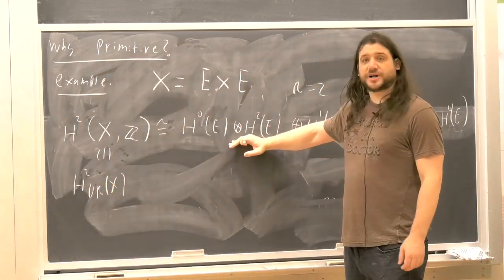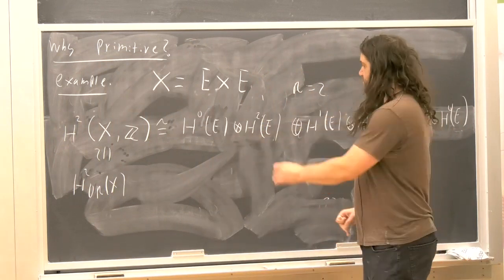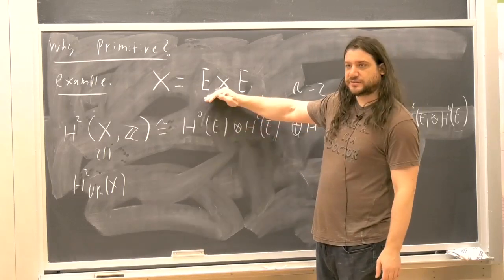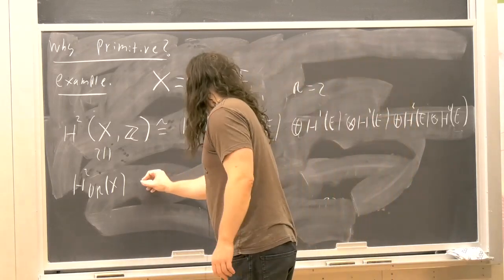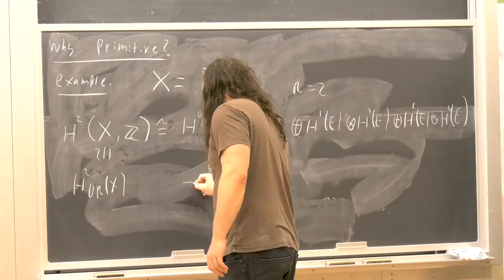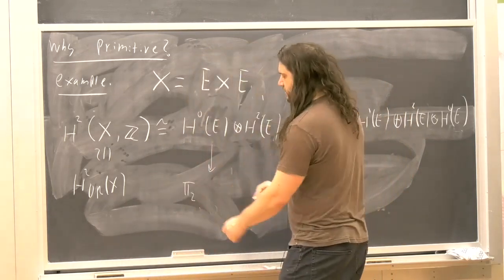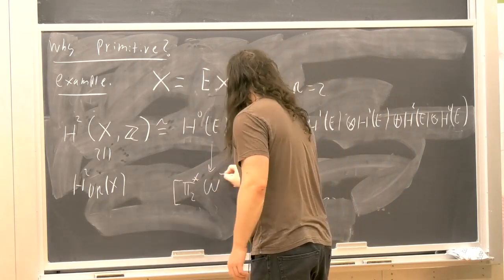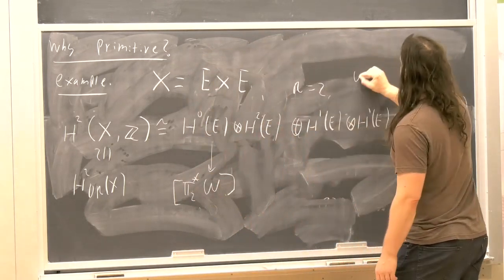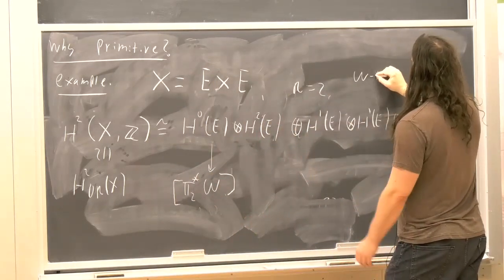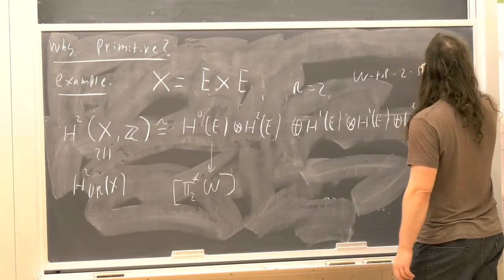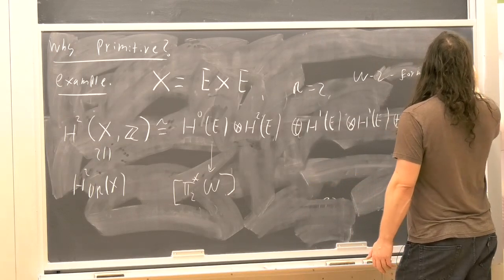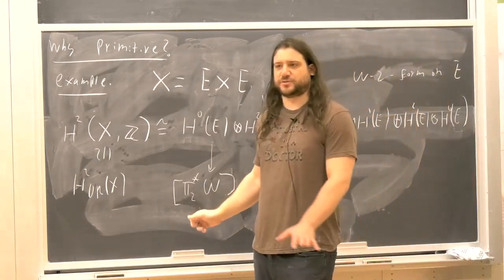So which two form corresponds to what's happening here? Well, we just take a top two form on the second coordinate E and pull it back over here. So what this corresponds to is the class of the pullback under projection to the second coordinate of omega, where now omega is essentially a top two form on E. In our previous coordinates, it could be like dz wedge dz bar or whatever.